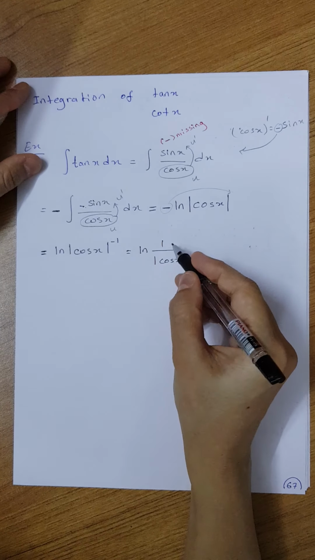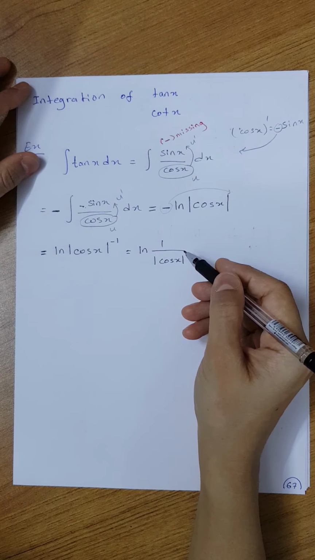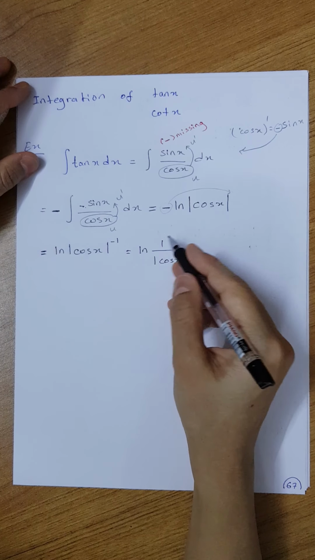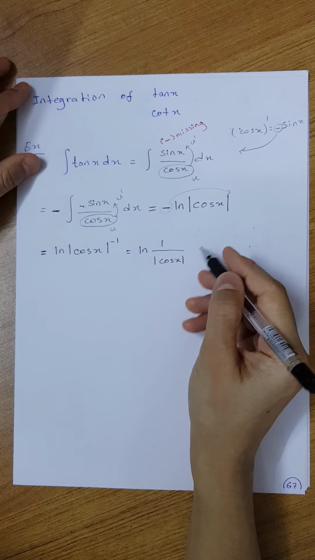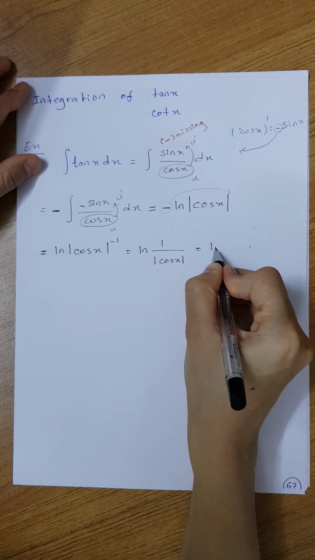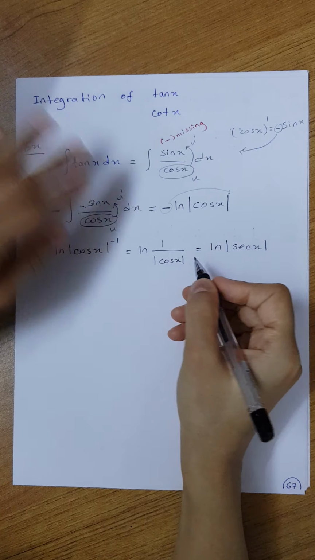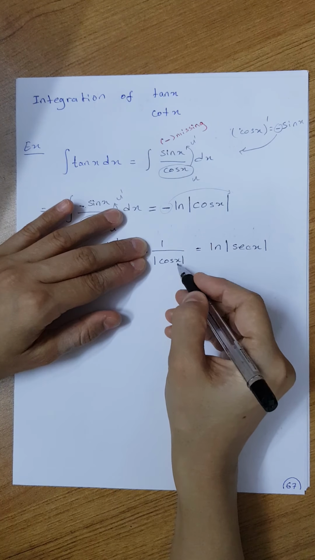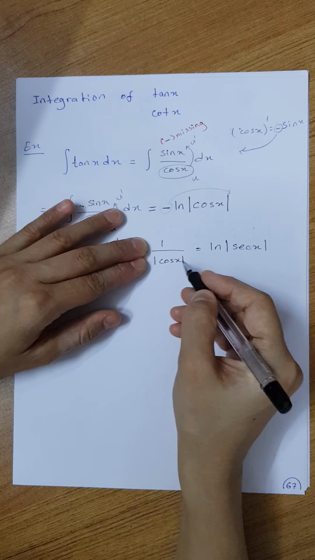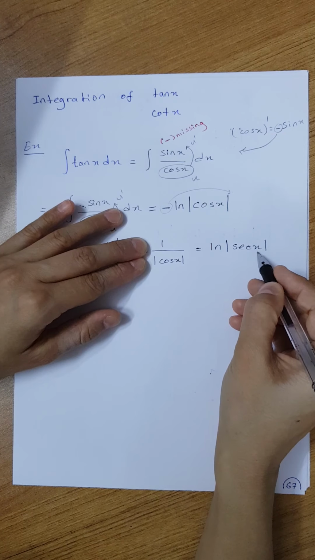If you remember from the definition of the trigonometric functions, 1 over cosine of x is which kind of function? It is the secant function. So ln of 1 over cosine of x, I know that 1 over cosine of x in the absolute value, according to the definition of secant, is equal to secant of x.